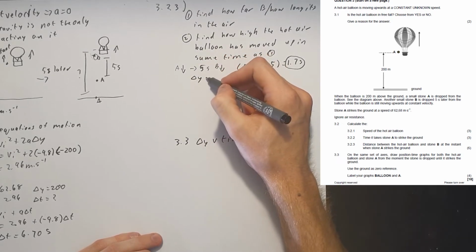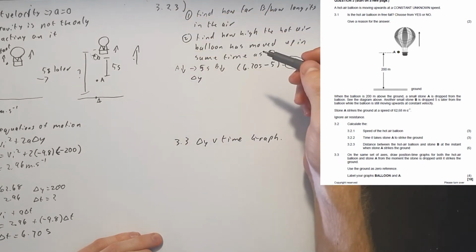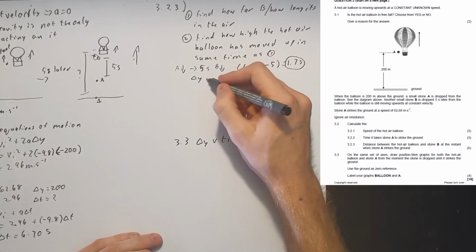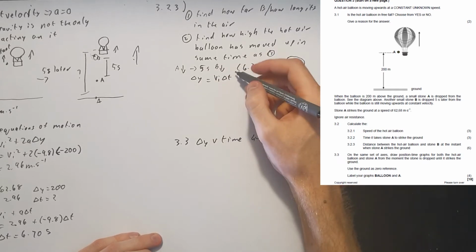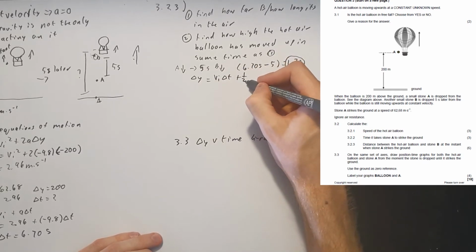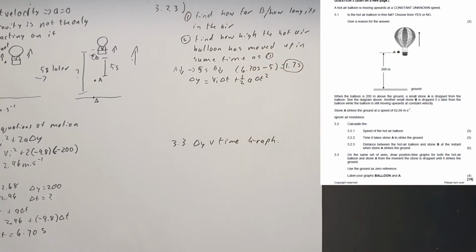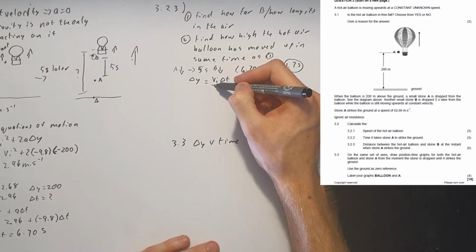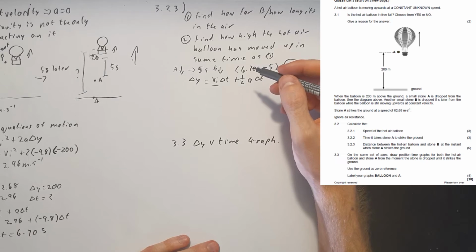We're going to use the following. Remember we're working in the y-axis, so please don't use delta x. Delta y is going to equal v initial, change in time, plus a half acceleration, delta t squared. I'm using this because we have the initial velocity of stone B, which will be the same velocity as the hot air balloon.